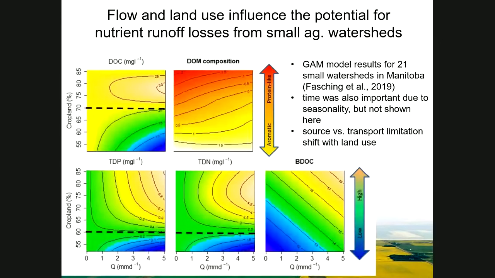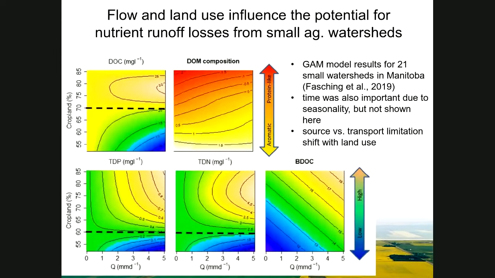So what's shown on this slide are results from a general additive model that was developed with multiple years of data from 21 of these small watersheds that we're working with in Manitoba. And there is a seasonal or temporal function that's part of that model, but we can only show so many variables at once in a figure.